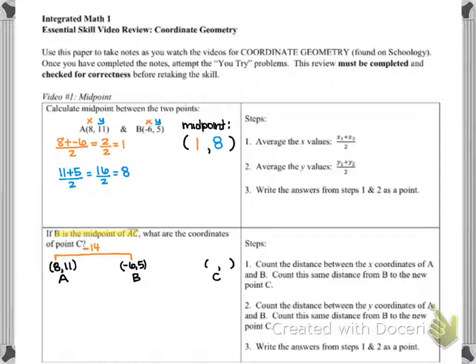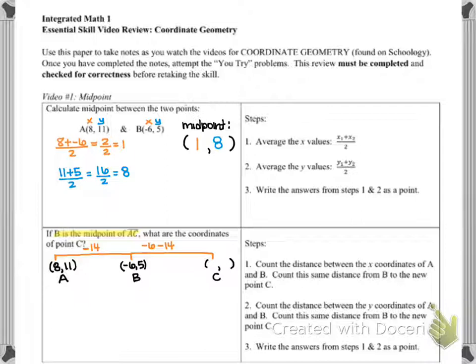In order to find point C, I'm going to do the exact same thing. I want to go left 14 units. So I'm going to take my negative 6 here at point B and put it in front. I want to start at negative 6, and I am going to go left 14 units. So I'm going to subtract it since it's negative.